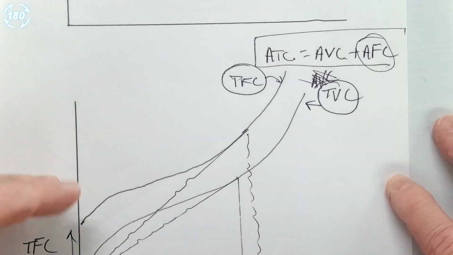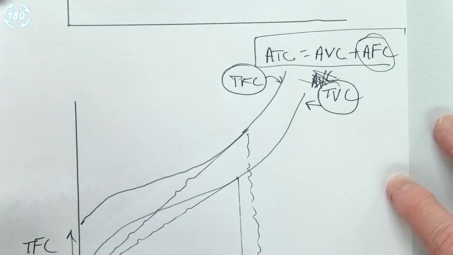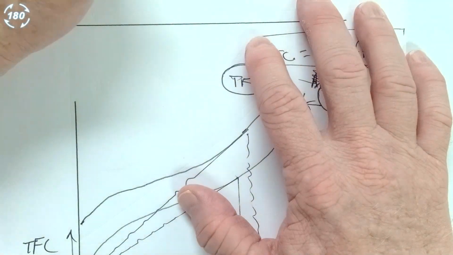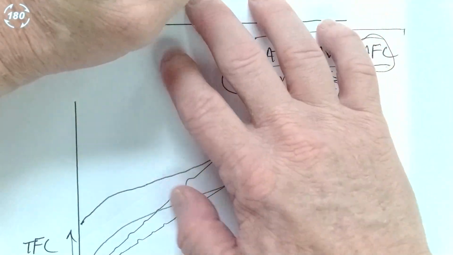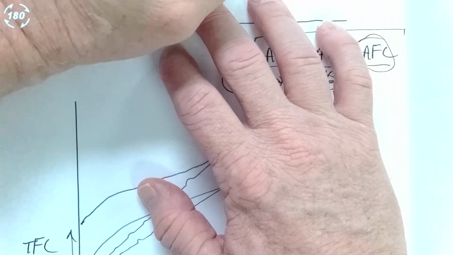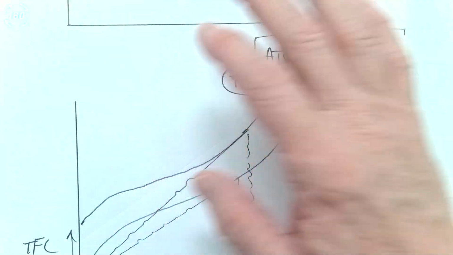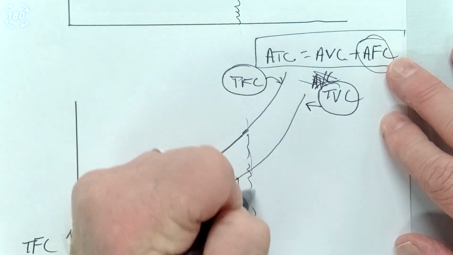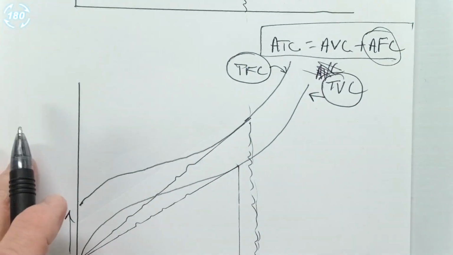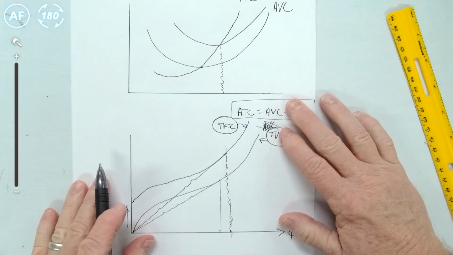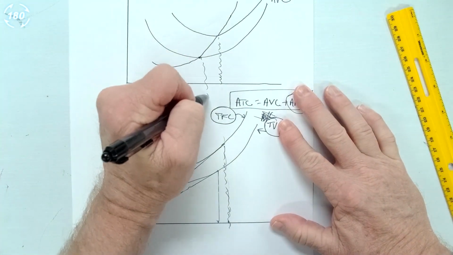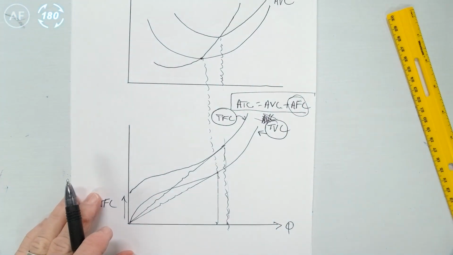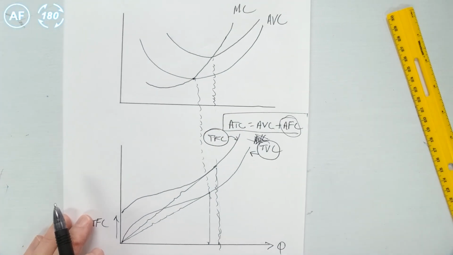So the average total cost curve is upward sloping as well, kind of U-shaped, but it has a minimum coincident with the marginal at a higher value of Q. So this value of Q is kind of for this one, and this value of Q, I'm going to cheat just a little bit, is kind of for this one. Okay? There we go.